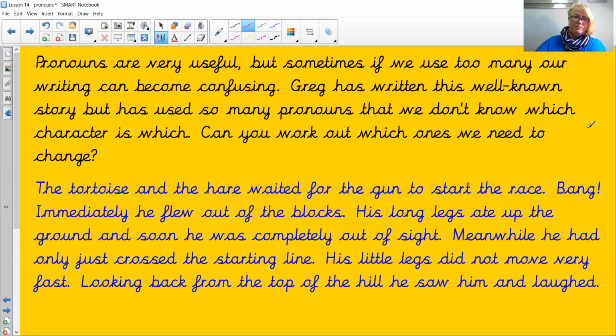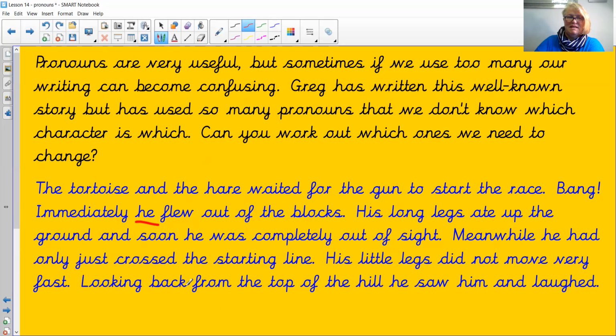So, the tortoise and the hare, so we know there are two characters here. The tortoise and the hare waited for the gun to start the race. Bang! Immediately, he flew out of the box. Yeah, we need to change that. We need to know who it was that was flying out of the blocks. Well, we know that it can't be the tortoise because the tortoise is rather slow.